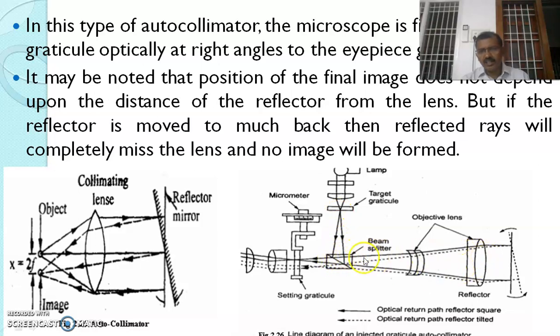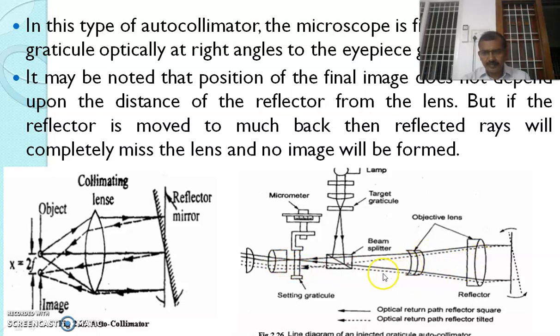First it reaches a reflector or workpiece, and it returns in the same path, passes through the beam splitter, and reaches a measuring graticule. Here there is no deflection.